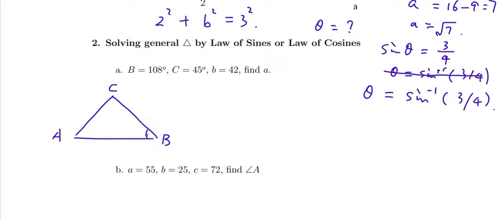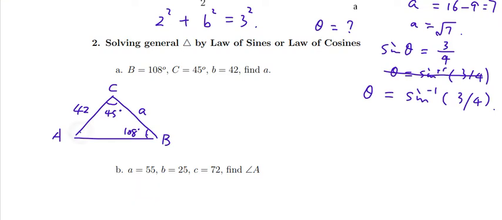We know this angle is 108, and this angle is 45. Then side B is 42. This side is B, right? 42. Then we need to find A, so A is this side. If we know two angles, then we can easily find the third one.